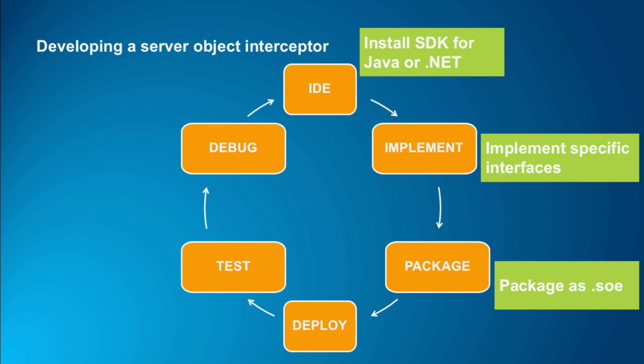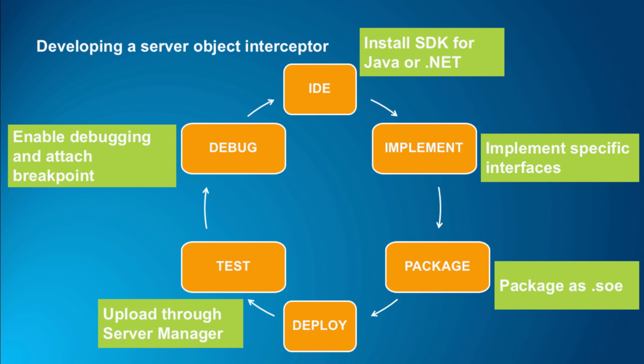It's a custom extension that tells the system that this is an extension for server. You are then ready to deploy your package or your extension. You upload it to your server manager, configure it on your map service, test it out, and of course it works perfectly every time, the first time itself, right? So this debugging step is for amateurs.